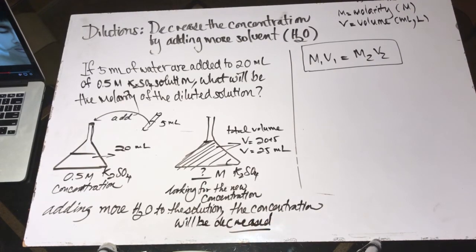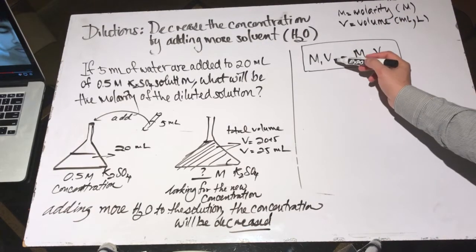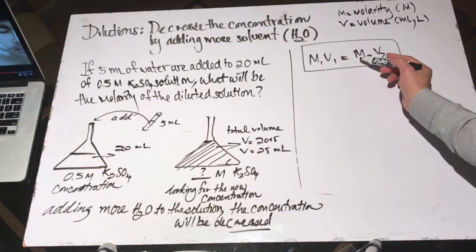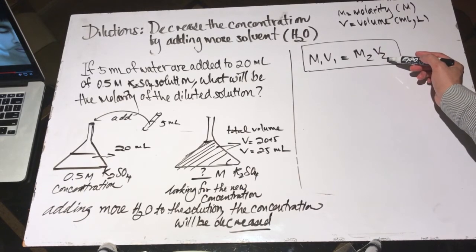What that means is that your concentration will be less. Now we're going to prove the point. So now you have molarity 1 times volume 1 is equal to molarity 2 times volume 2.